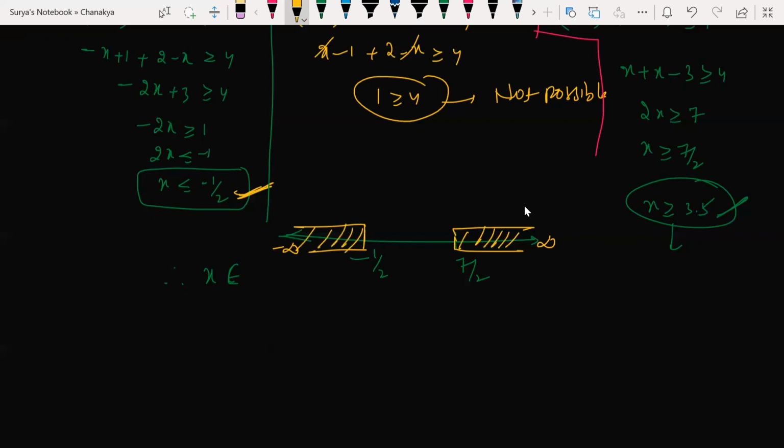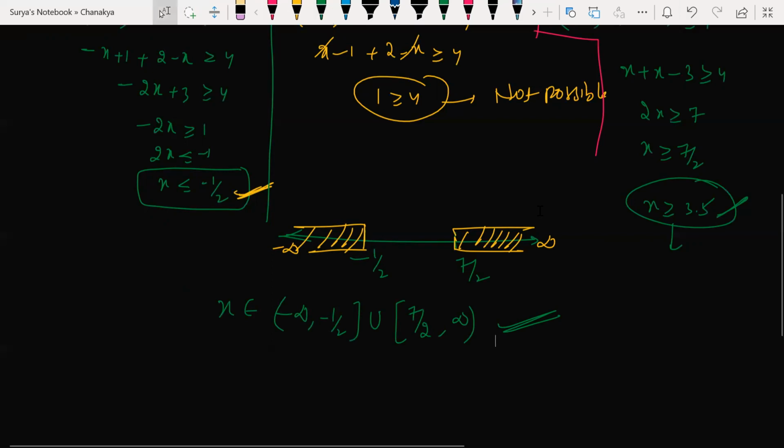What is your final answer going to be? x less than minus 1 by 2 means everything on the left side of minus 1 by 2, union 7 by 2 also can be included. This is the final answer. Hope you all got the same answer.